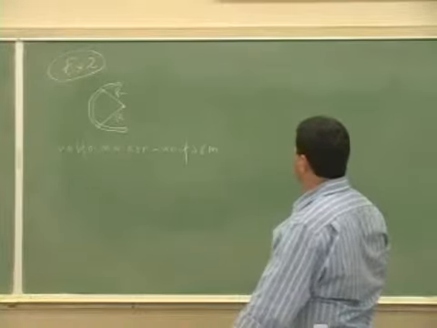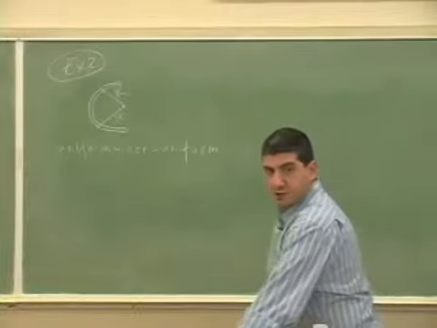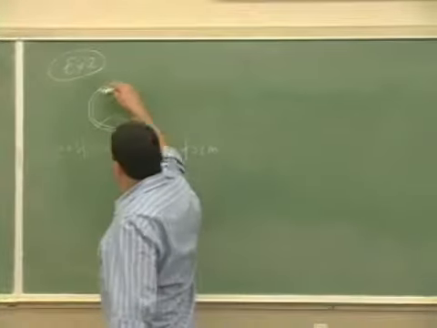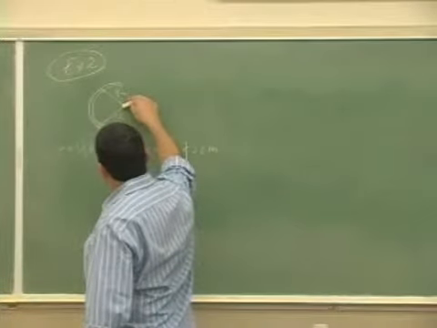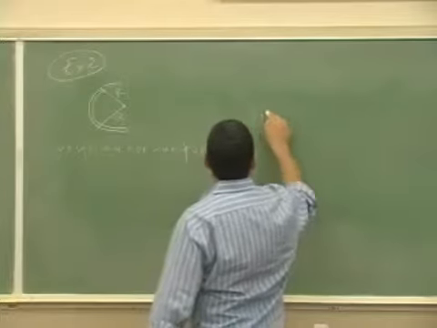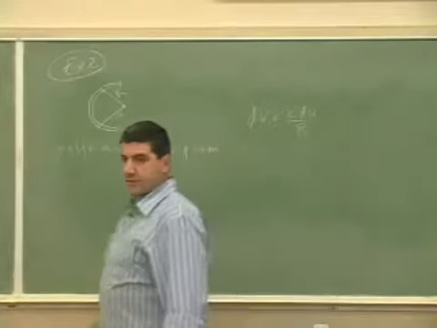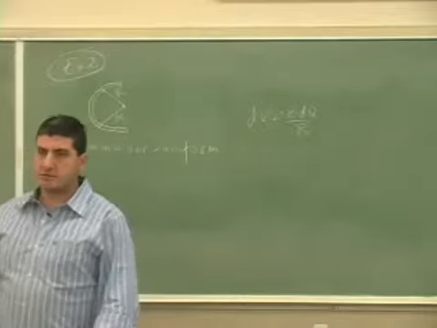So uniform and non-uniform, well, what's going to happen? Since the distance is all the same, from here to here, from here to here, from here to here, k dq over r, right?